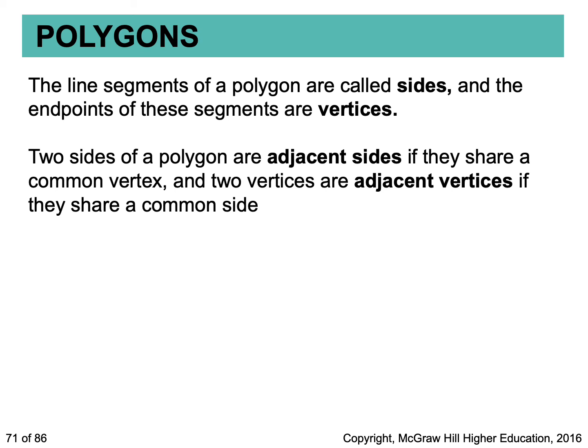Right, so you have the sides that meet at vertices. If they share a common vertex, then they are adjacent sides. And if they share a common side, then they are adjacent vertices, or consecutive. I sometimes will refer to them as consecutive vertices.